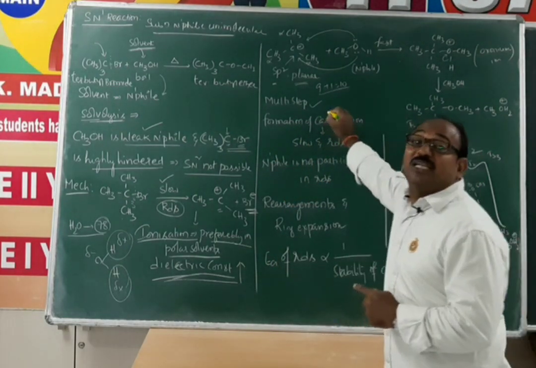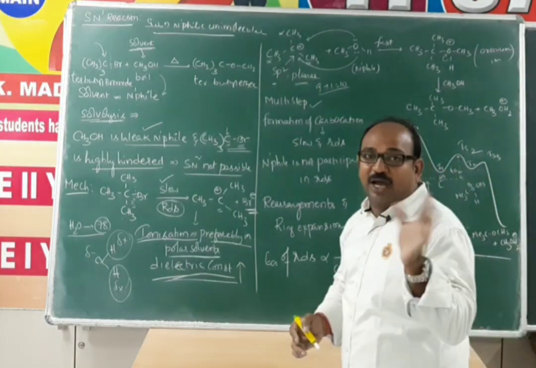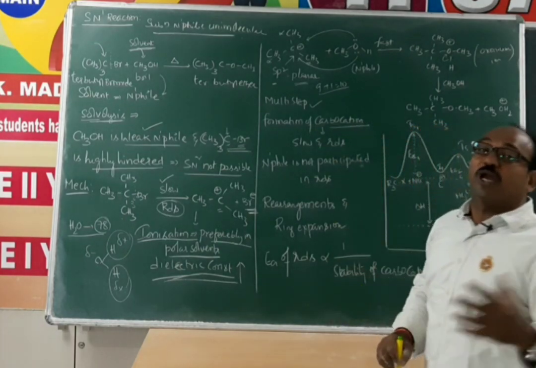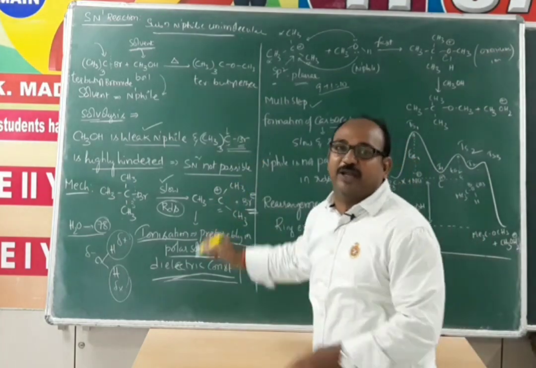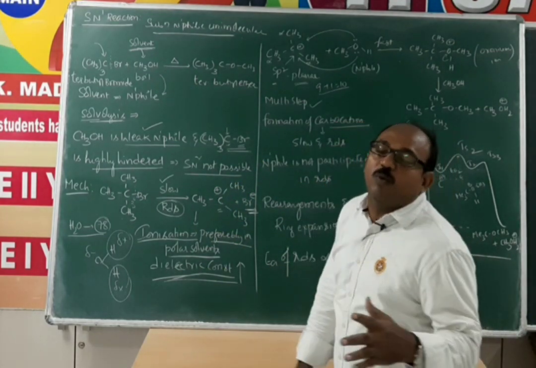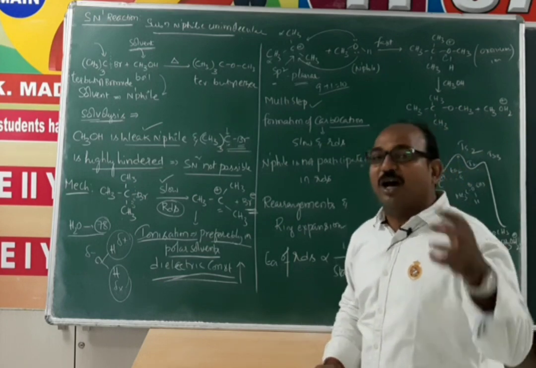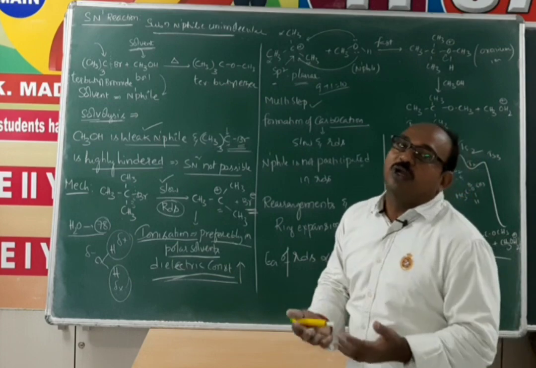SN1 is a multi-step process, and the reaction proceeds not via a transition state alone but via the formation of a carbocation. The carbocation is an intermediate. The transition state is one state, the highest energy state. While forming the carbocation also, a transition state exists.